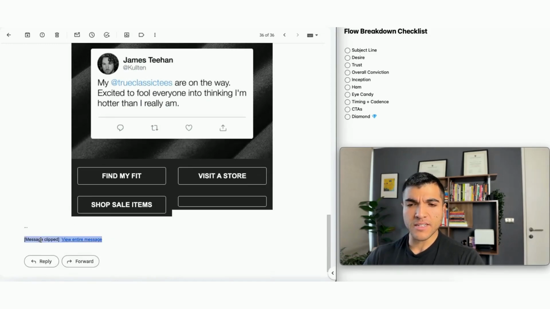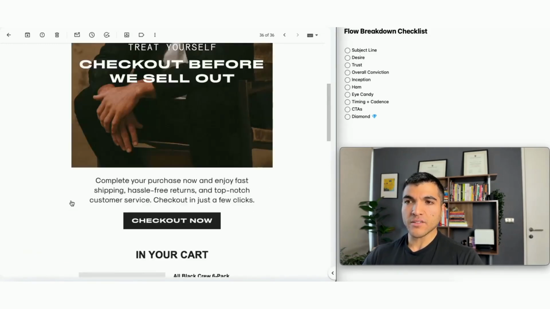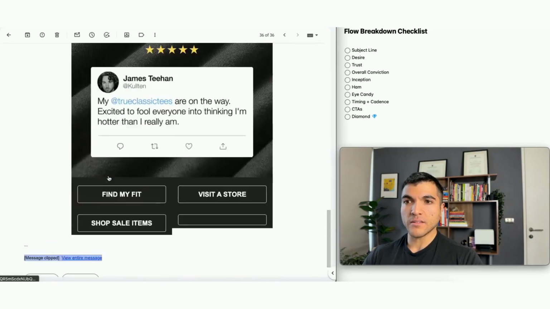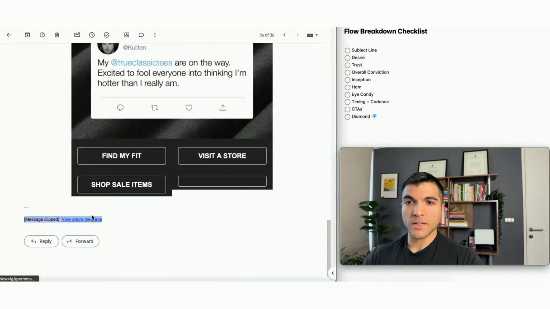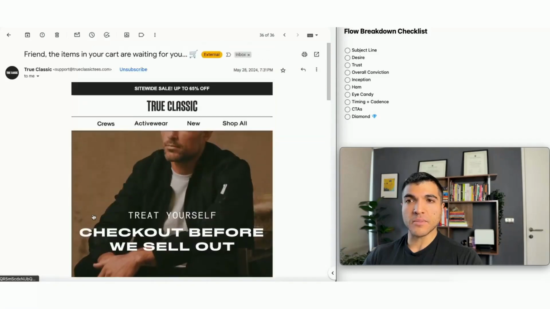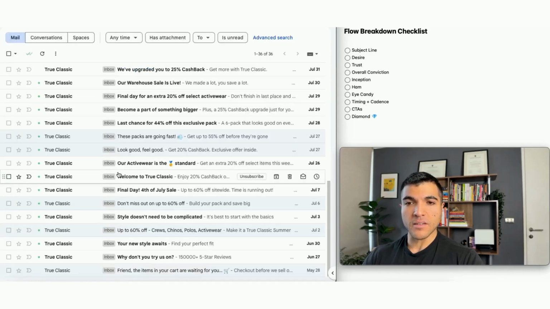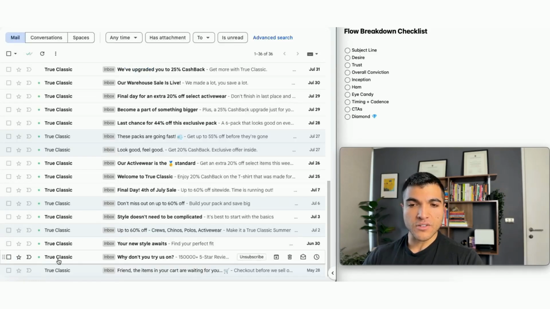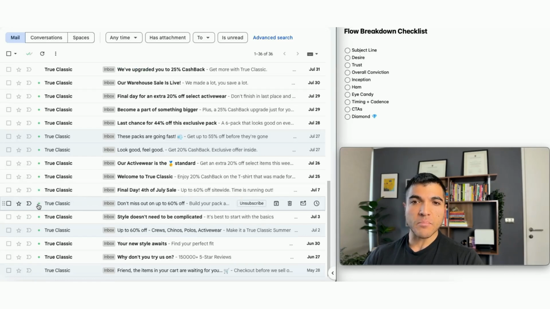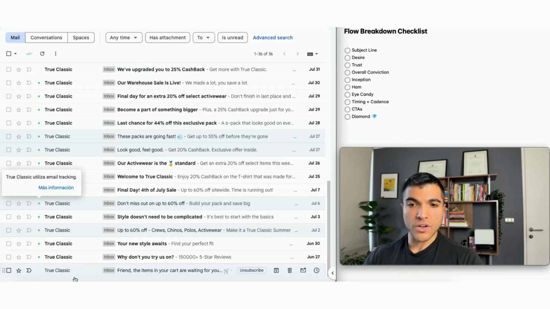And then this message is clipped, so that is definitely bad. So potentially they are not tracking some of the elements, or Klaviyo is not tracking some of the elements, because the email got clipped. I have an extension with which I can know whether I'm being tracked or not.